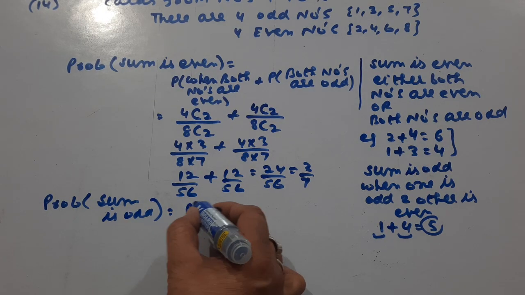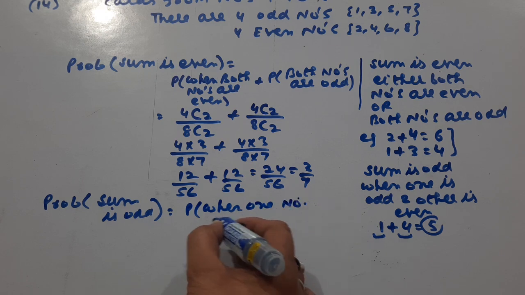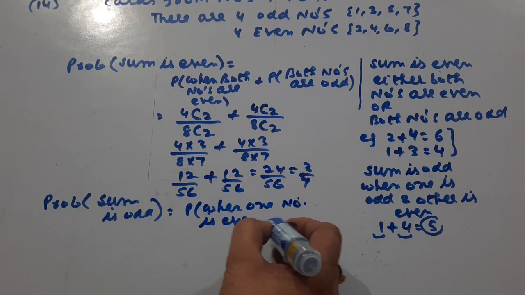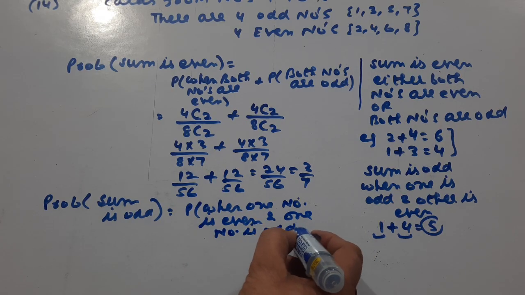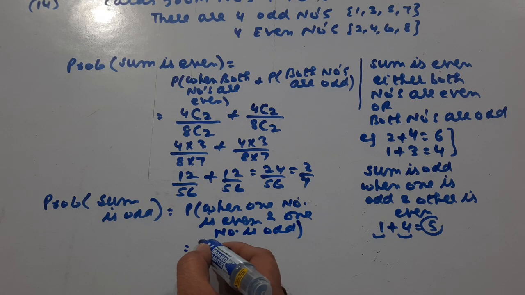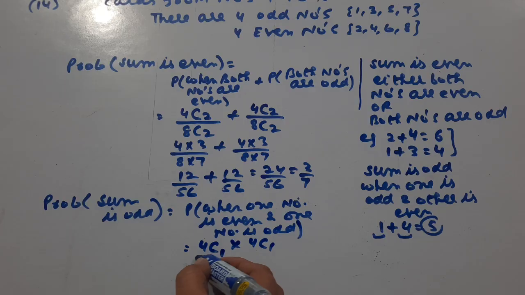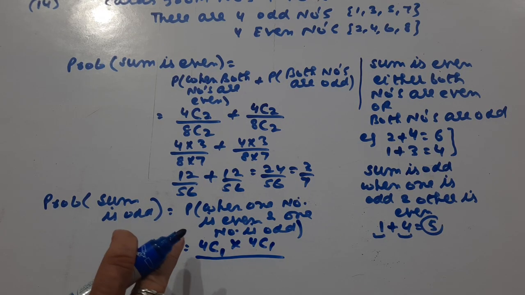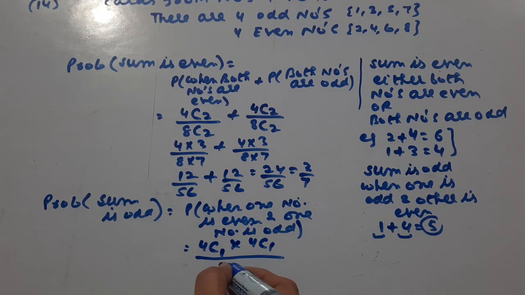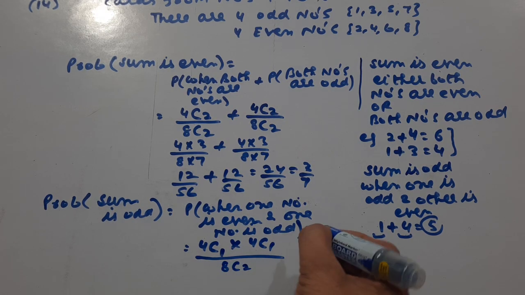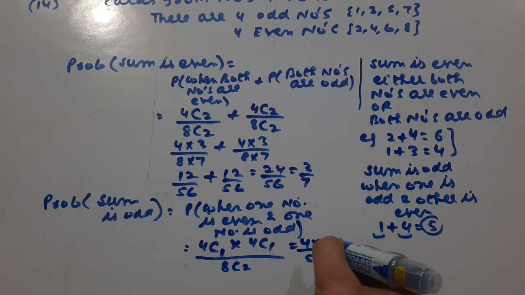So when one number is even and one number is odd, one even number out of 4 can be selected in 4C1 ways, and one odd number out of 4 can be selected in 4C1 ways, upon 8C2. So we get 4 into 4 upon 56, that is 8 into 7.